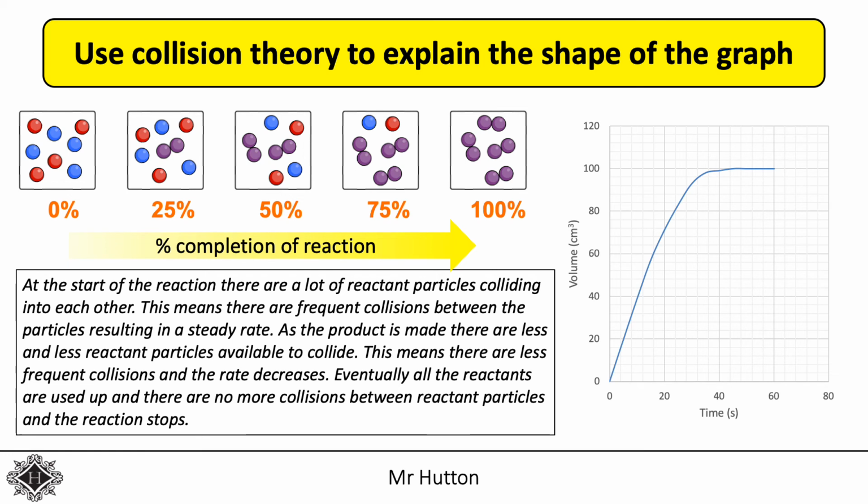If you look at the left-hand box at 0%, the concentration of our reactants is quite high. And as the concentration of those reactants gets less and less, the rate of our reaction gets less and less. The reason behind that is due to the frequency of those collisions. But we'll look at that in more detail when we look at the concentration lesson.